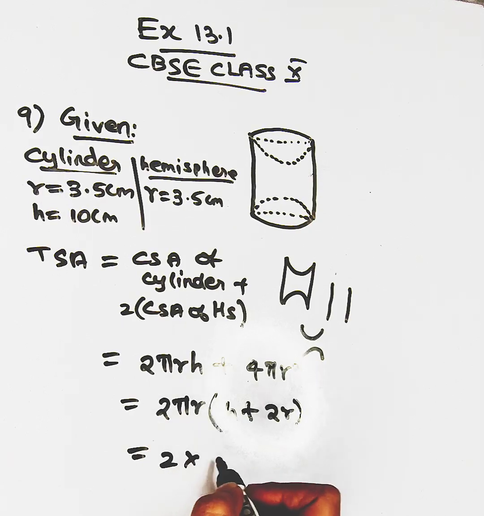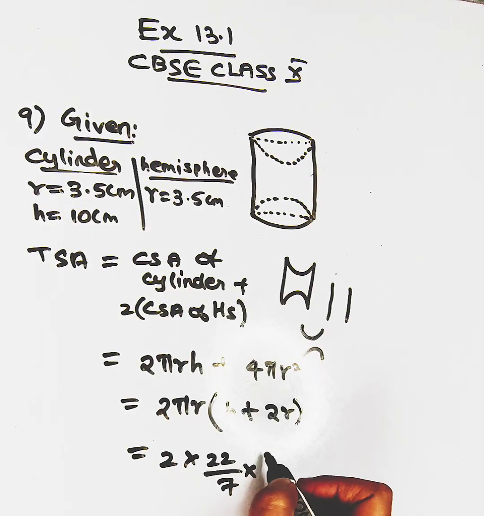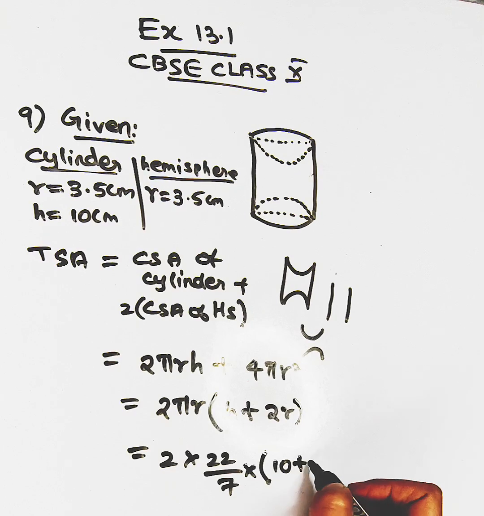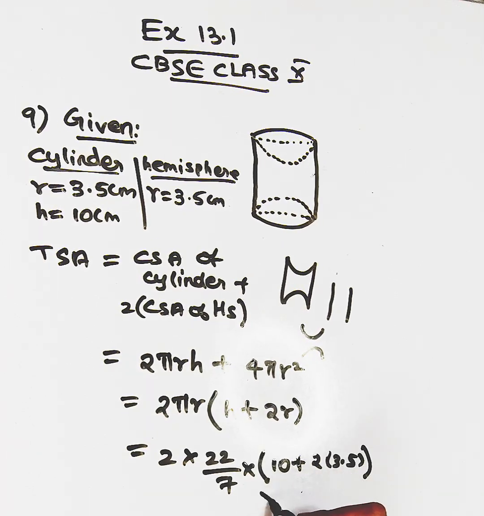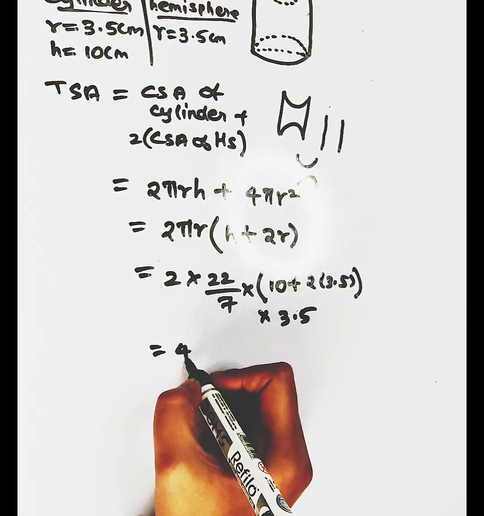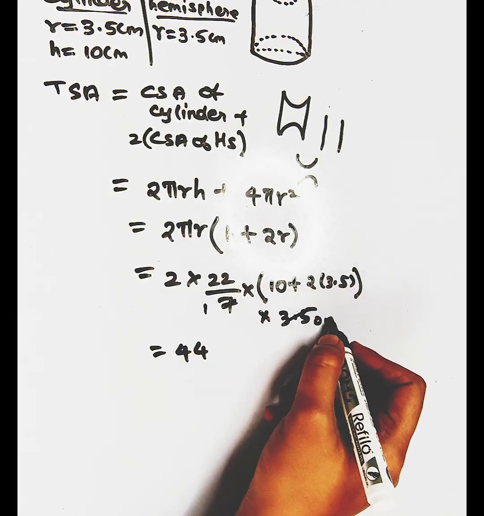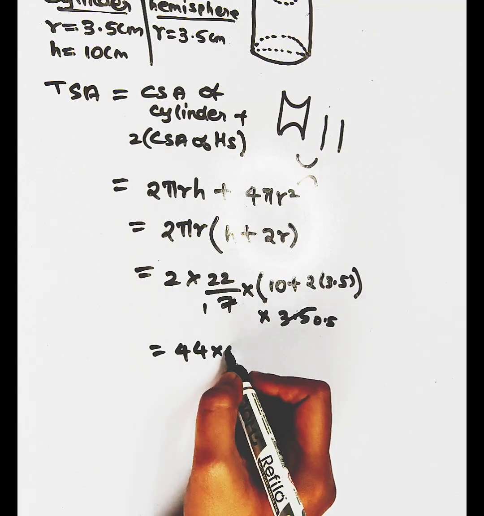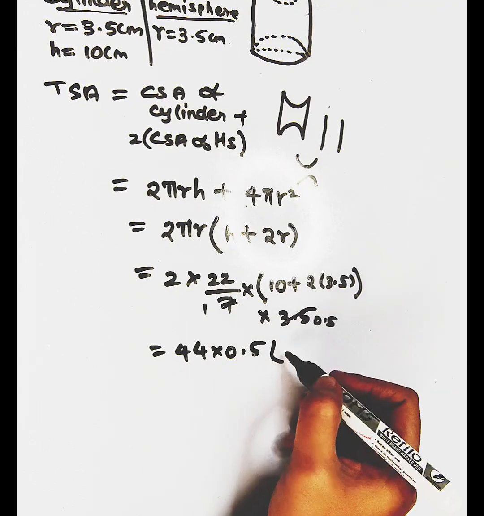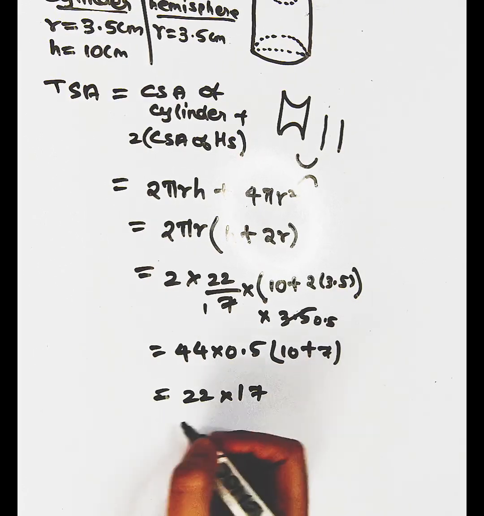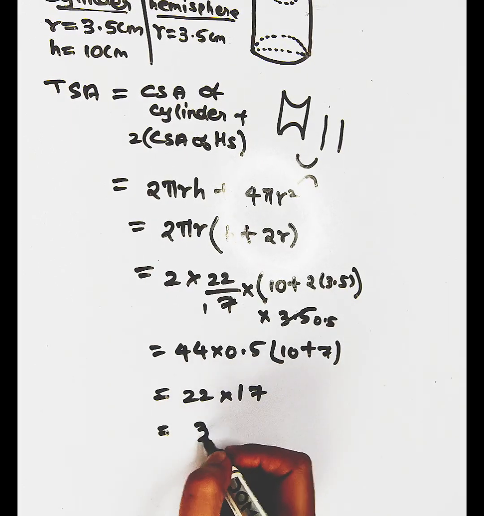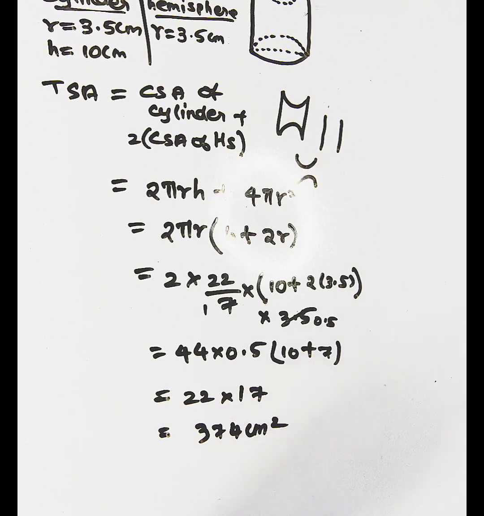Substitute the values. 2 into 22 by 7 into 3.5 into h is 10 plus 2 into 3.5. 44 and 7 we can cancel, it is 0.5. So 44 into 0.5, and here it is 10 plus 7, that is 22 into 17. Answer is 374 centimeter square.